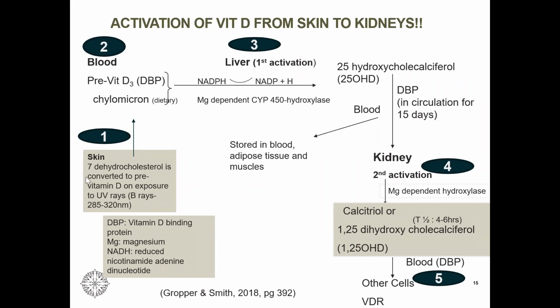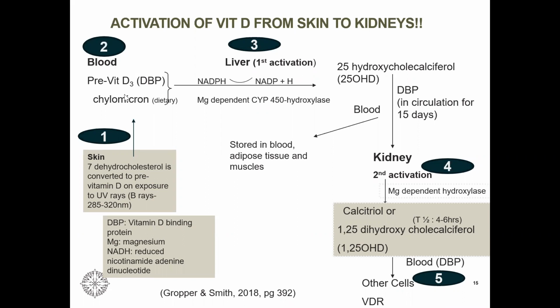So now that 7-dehydrocholesterol is converted to what we call pre-vitamin D3, because it is not that active a form now. So I'm talking about step 2 now. This pre-vitamin D3 moves around in the blood.